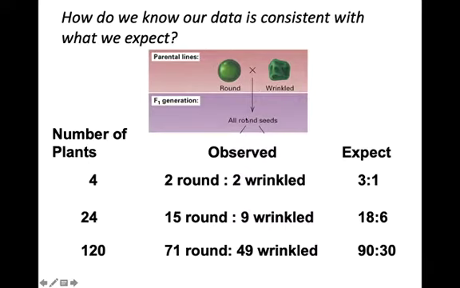You collect the F1 generation, and you can do some crosses and selfing, and you might count certain numbers of plants. When we self these individuals, we expect a 3-to-1 ratio. You can count as many plants as you want.